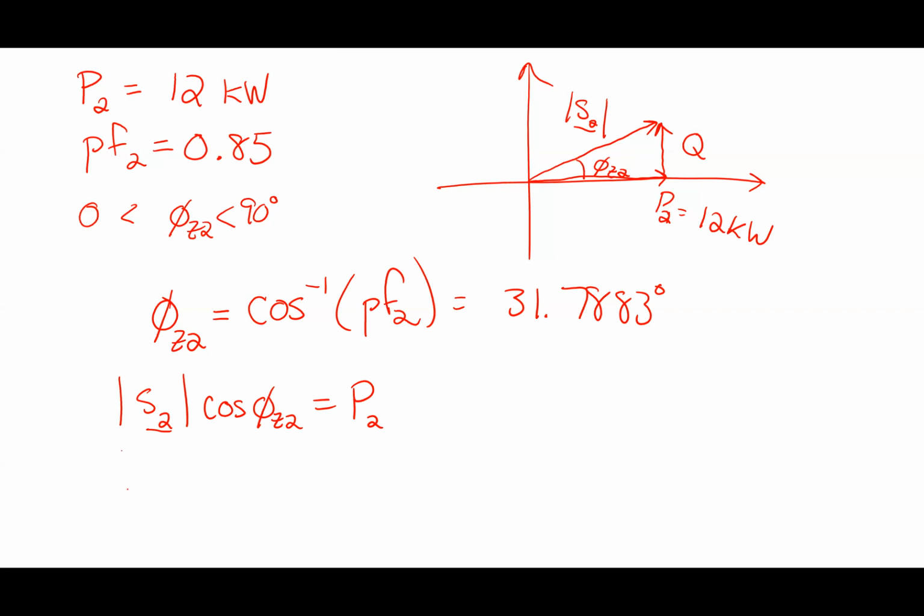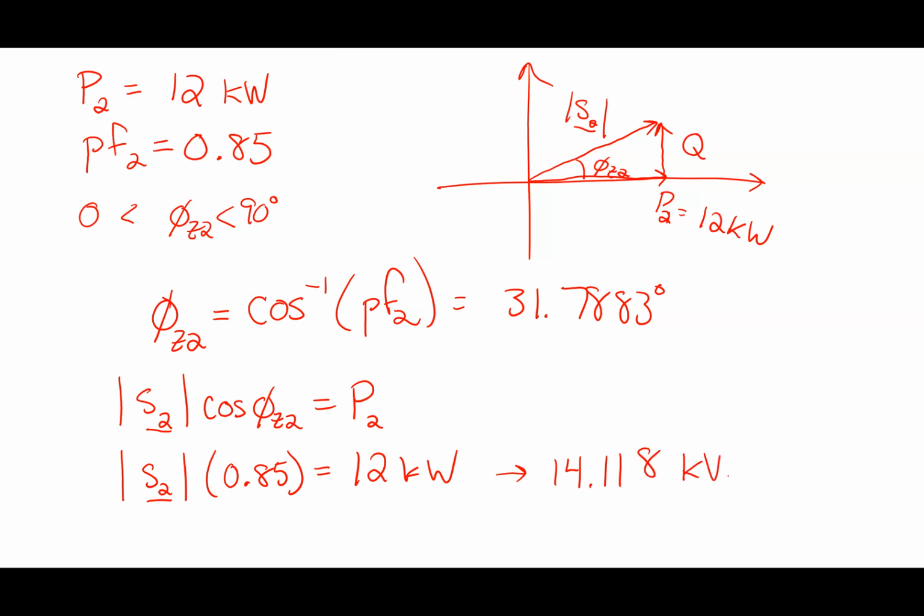So in other words, |S2| times the power factor, which is 0.85, is equal to 12 kW. So 12 divided by the power factor works out to be 14.118 kVA.